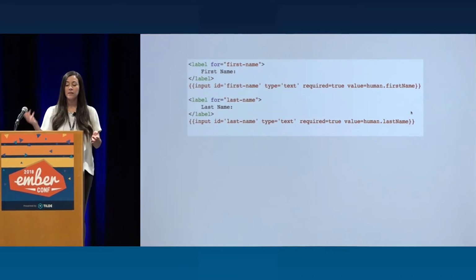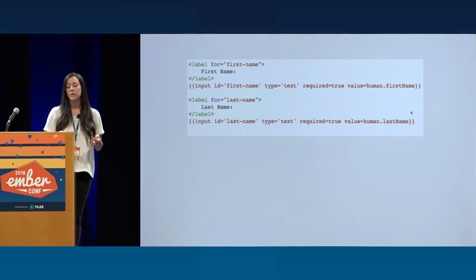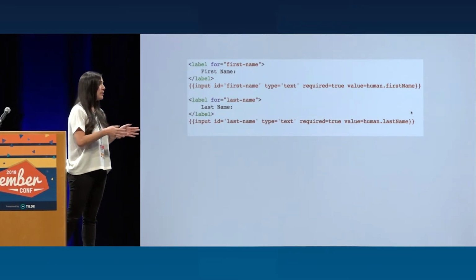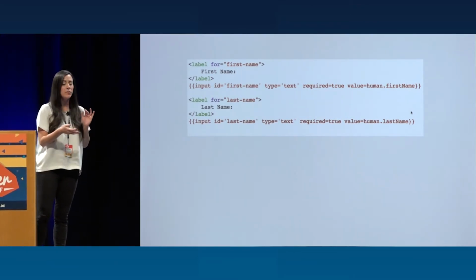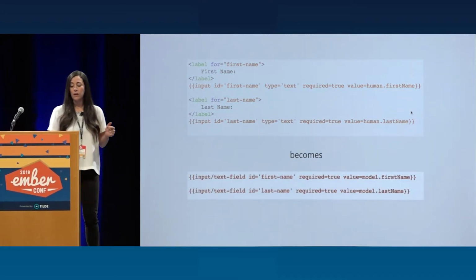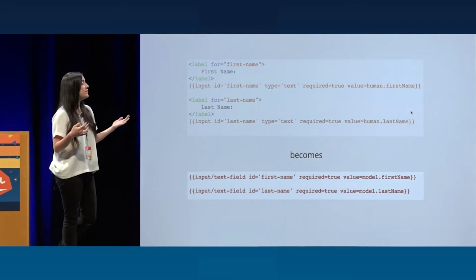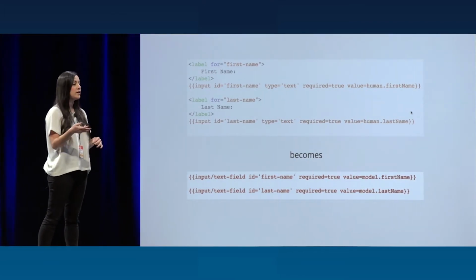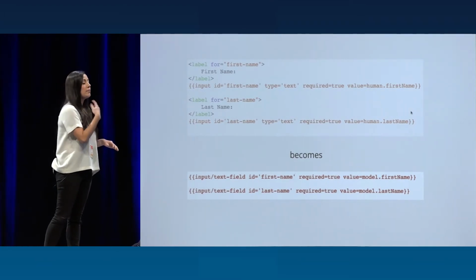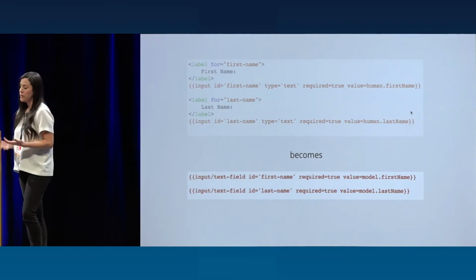And the attributes that we're passing into the input helper are all pretty much the same. So we could probably take this and make a component out of it. We could do something like this, where we have, in the scope of our application, an input text field, customized to our application, and we build our own APIs so that the application knows how to handle this type of element.